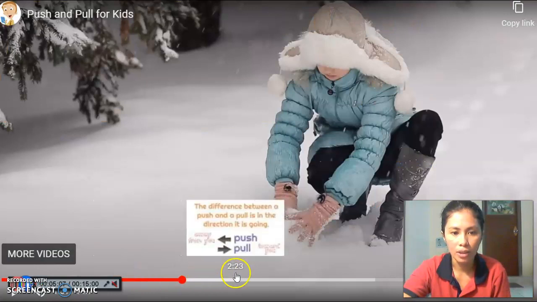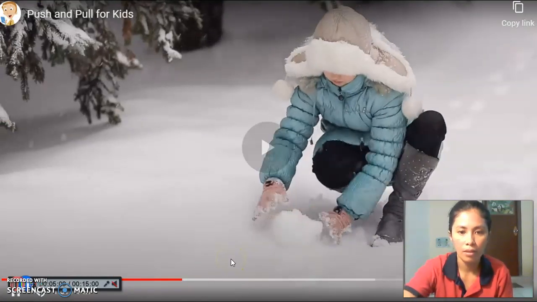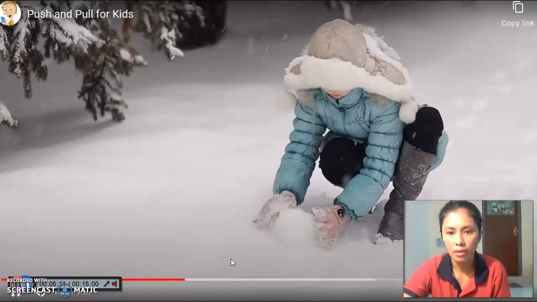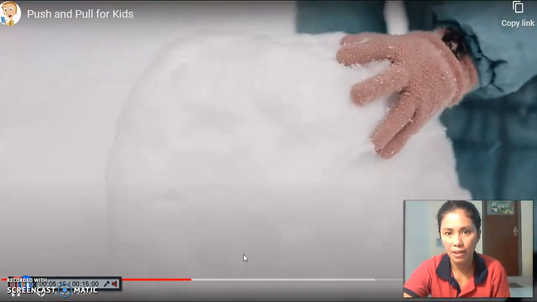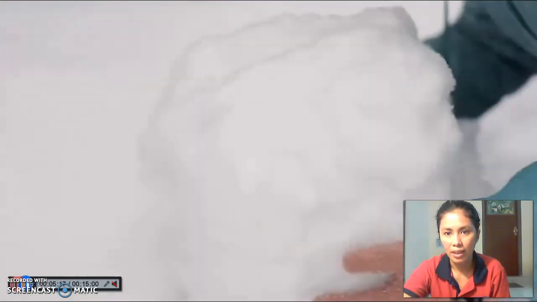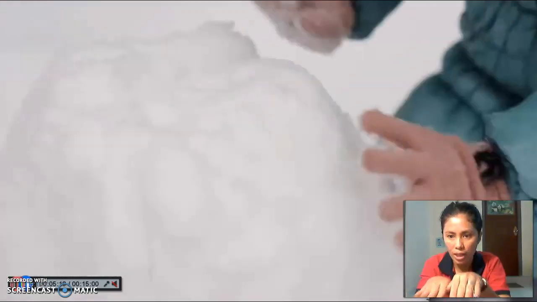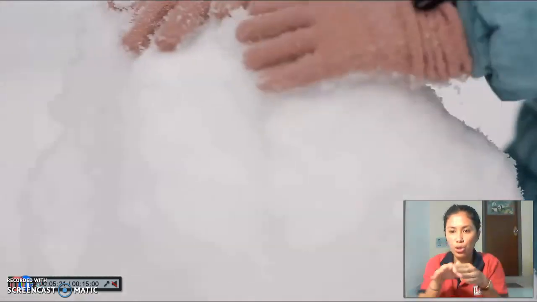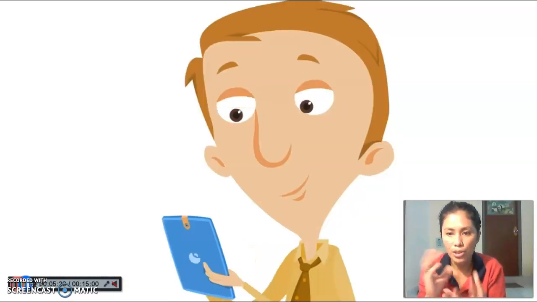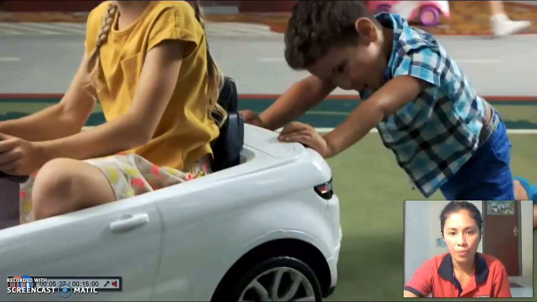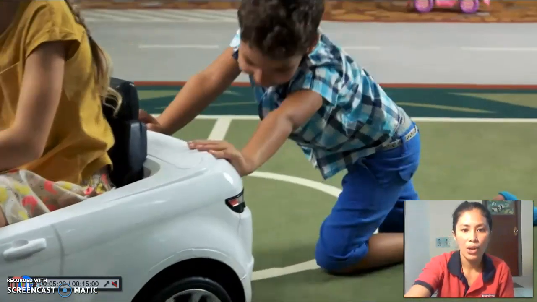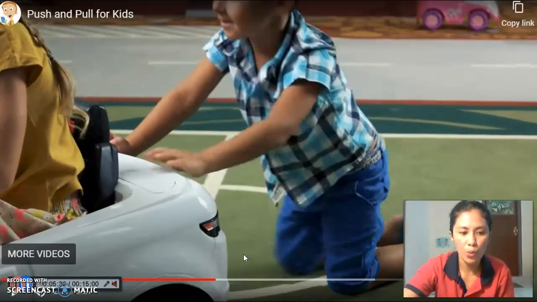Like this guy, what is he doing? They're playing snowball games. Yes, he was pushing. To make the ball circle, push like this, also push.